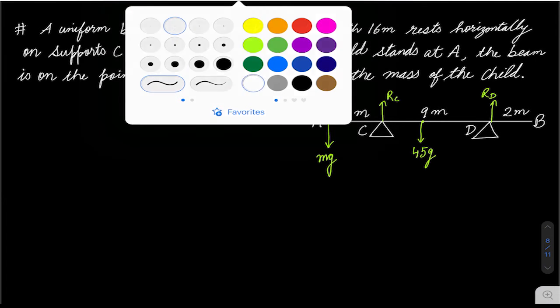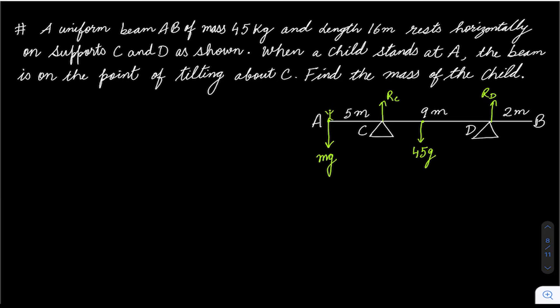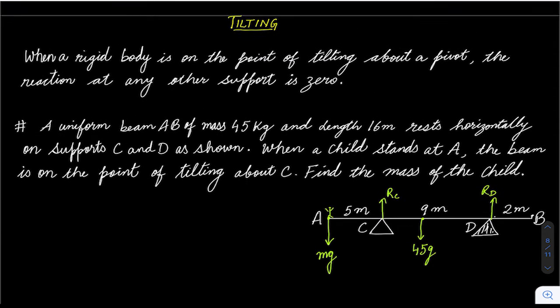What happens is, when the beam is about to tilt at point C, the beam will try to move upwards like this. And when it tries to move upwards like this, you can see that the reaction force at D will be zero, because there will be no contact between the rod and the support D. And that is what is there in the definition also.